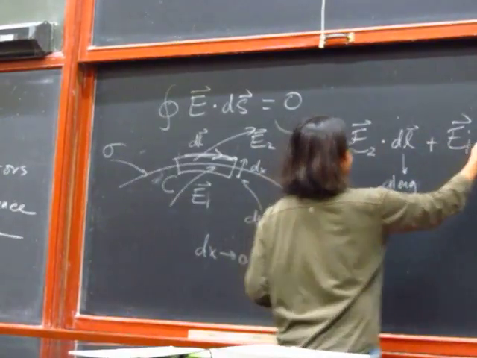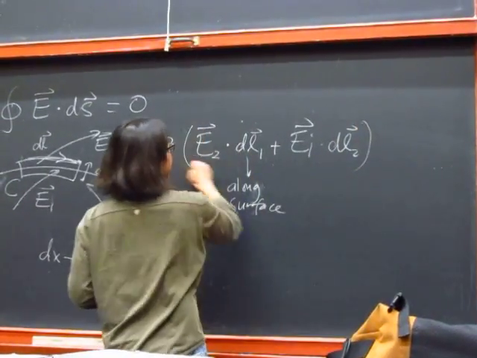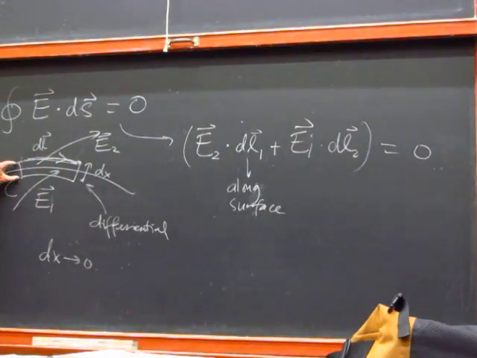The contribution from the perpendicular sides vanishes in the limit when the thickness goes to 0.